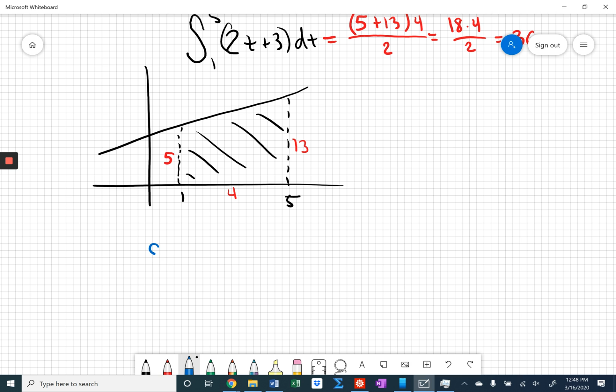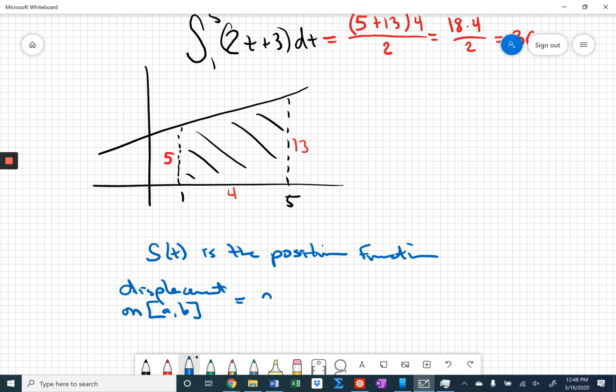Think of the function s of t as the position function of this object. Then we said a while back that the displacement on the interval from A to B is given by S of B minus S of A.